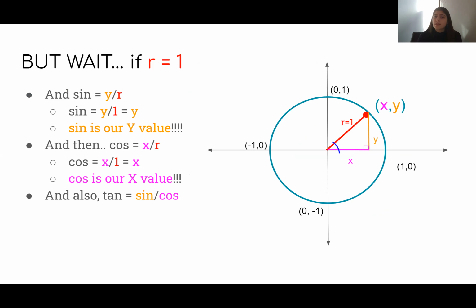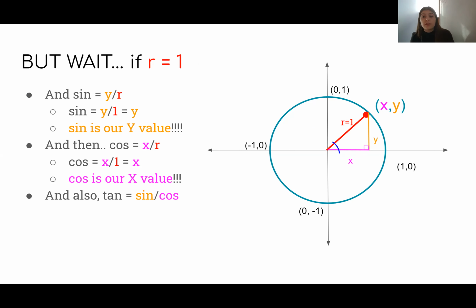But wait, this is a very important point, okay? If r equals 1, then we can replace r with 1 in these definitions, right? So if sine equals y over r, and r is equal to 1, then sine is just y over 1. And y over 1 is just equal to y, right?